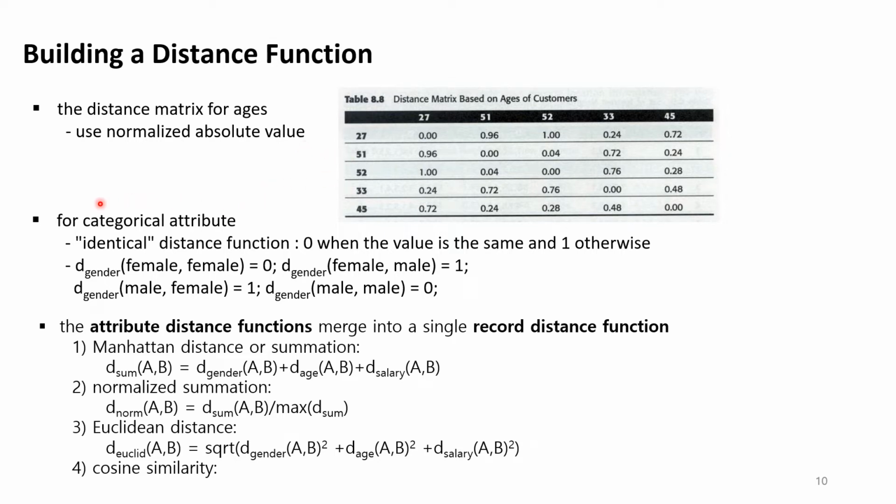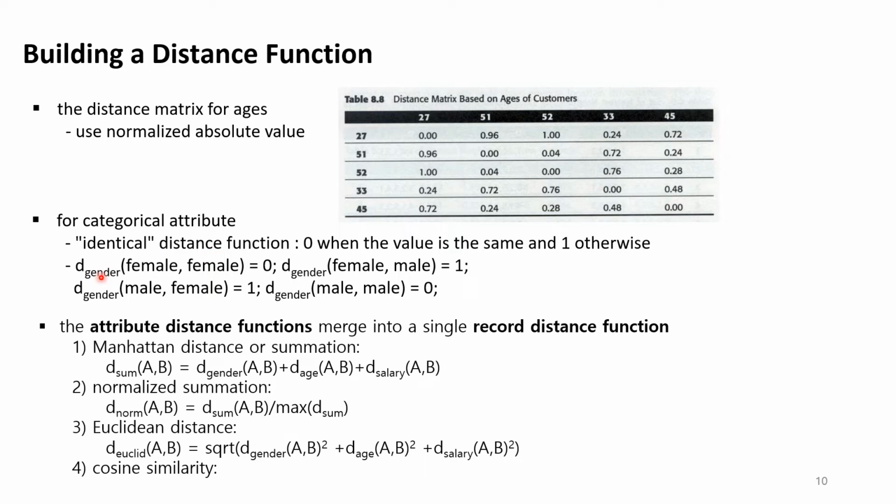So we have seen how we compute the distance for a numeric attribute. The second attribute type is categorical attribute. For categorical attribute, this is very simple. We use the identical function.